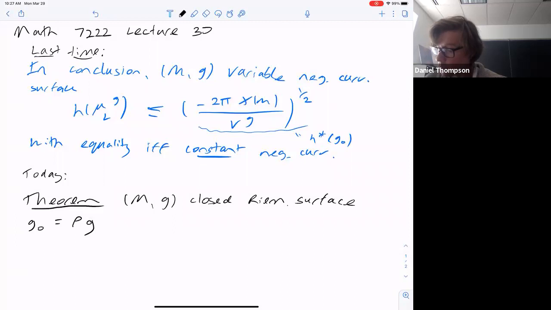Okay, so I'm assuming that G can be written as, sorry, I'll just write the statement. So this is what I'm assuming: G0 equals rho times G, where G0 has constant negative curvature.